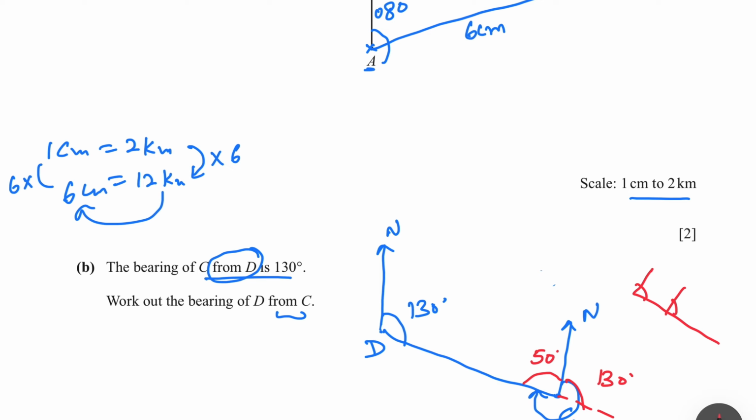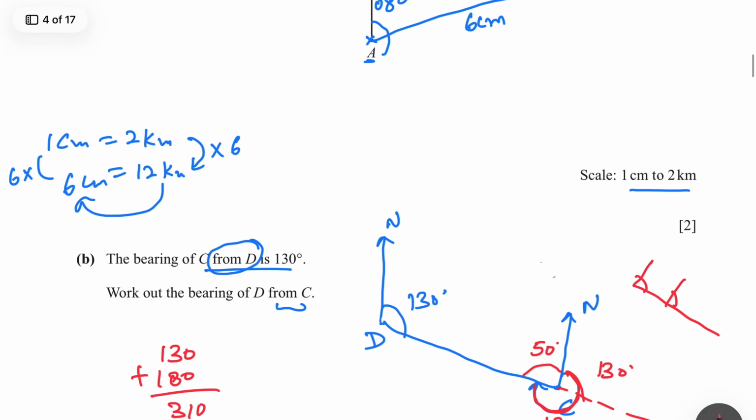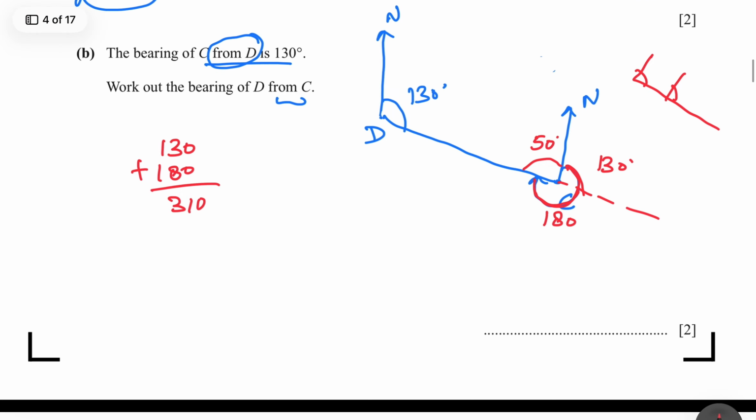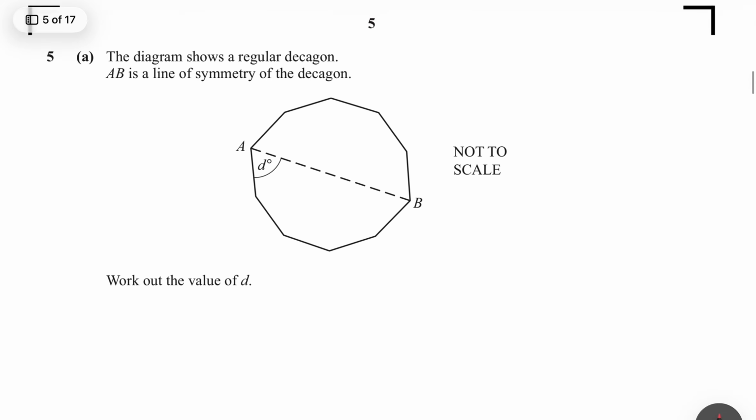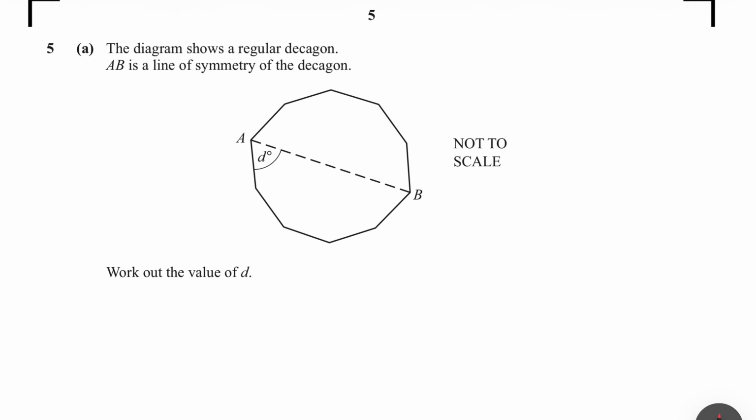This and this are the same. So if this is 130, then plus this is 180. So the bearing is 130 plus 180, which is 310 degrees.